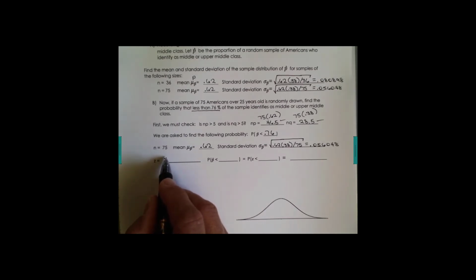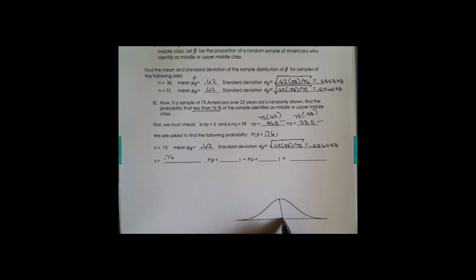So I'm going to use my 0.76 here. I do want to put this on my graph before I get going. And instead of using sample means or x values, I'm going to use p hat. That identifies what type of data I'm dealing with. And there's my population proportion put down there in the center.